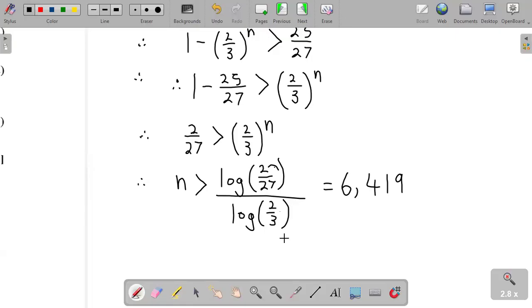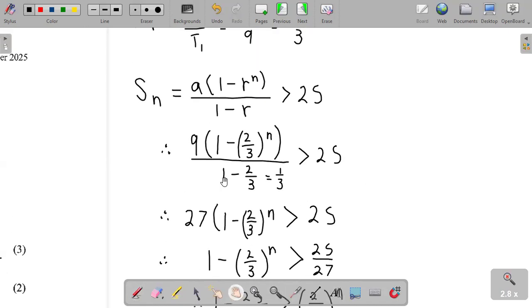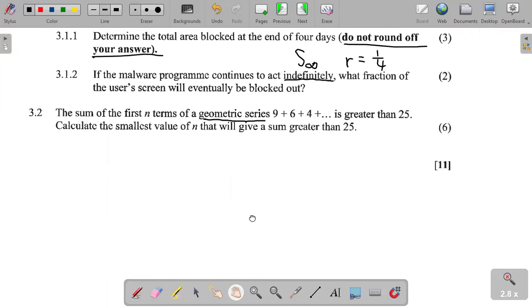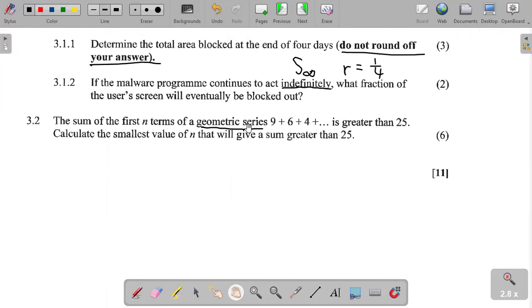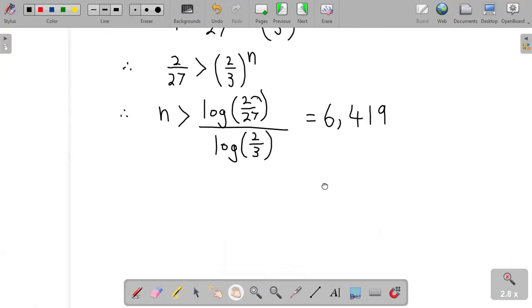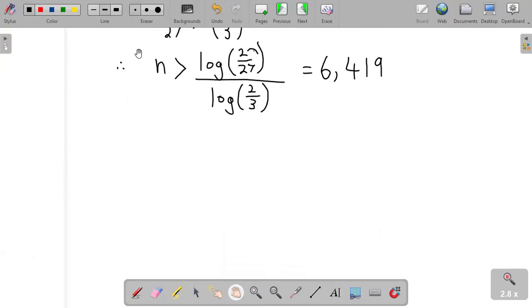So what does this mean? They said to calculate the smallest value of n that will give a sum greater than 25. So that value of n cannot be 6. It means n will be equal to 7, because the n that we get here is greater than 6.